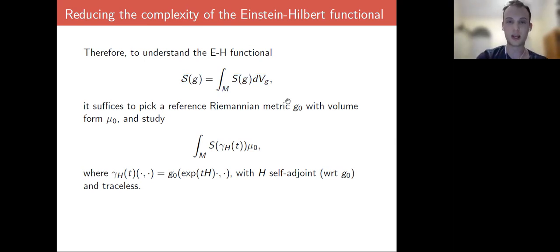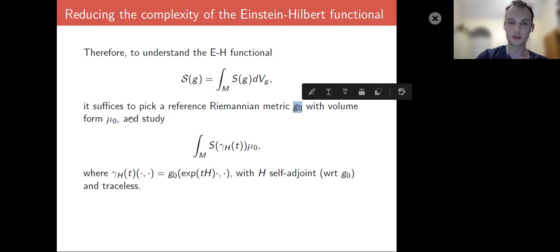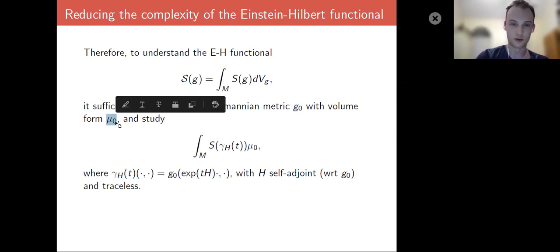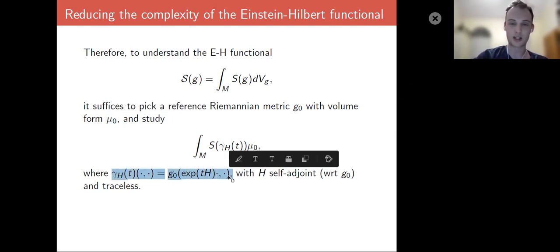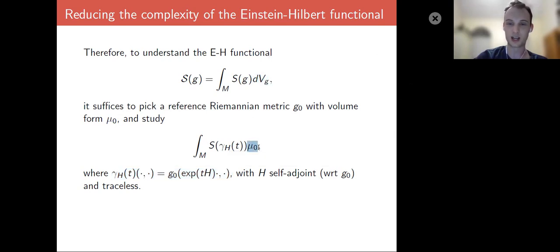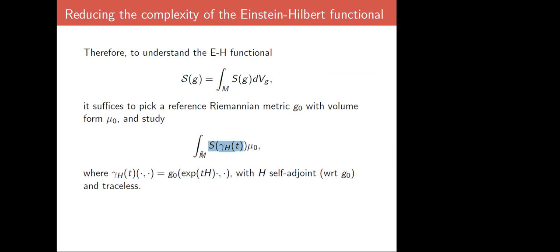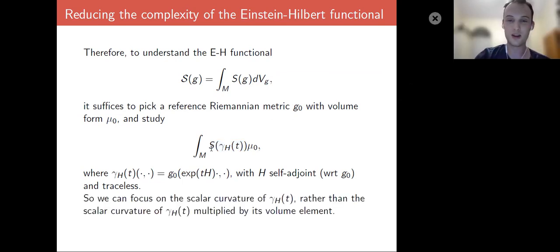But what you can do is pick an initial Riemannian metric g0, look at what its volume form is, mu0, and if you're only going to look at metrics of this form, where H is traceless, that means that dVg is always going to be the same as mu0, and we're just left looking at the scalar curvature of gamma H of t. So one simplification that's obvious is that instead of having to look at the scalar curvature multiplied by the volume form, it now suffices just to look at the scalar curvature itself. So, one partial simplification there.